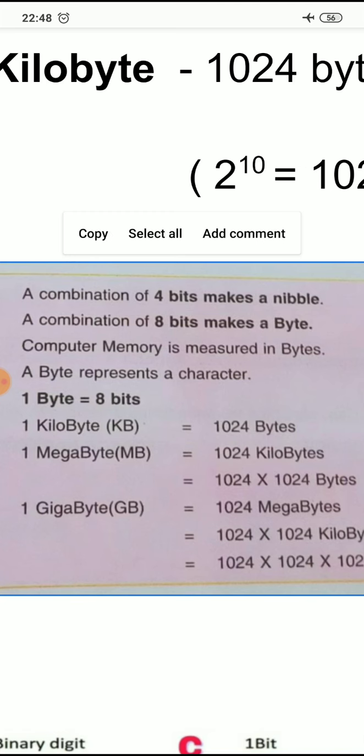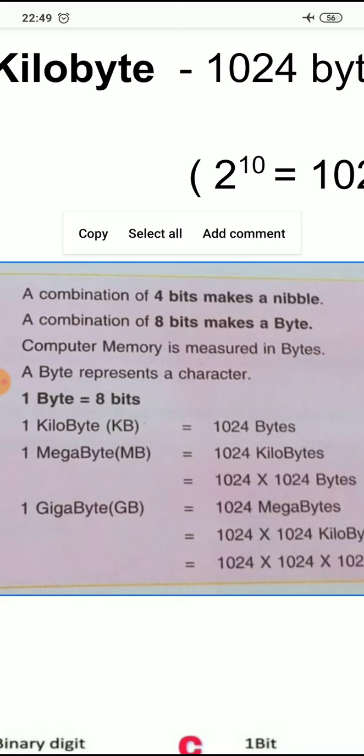Like 1 kilobyte is equal to 1024 bytes. And it is clear why it is 1024 bytes, because binary means 2, and 2 raised to power 10 comes out to be 2 multiplied by itself 10 times, which is 1024. So the next units are multiples of 1024.